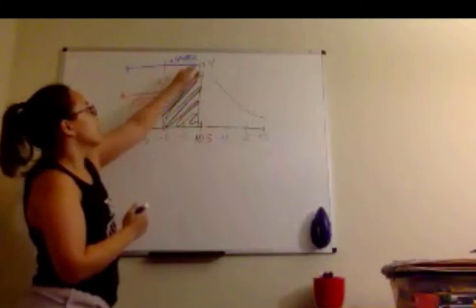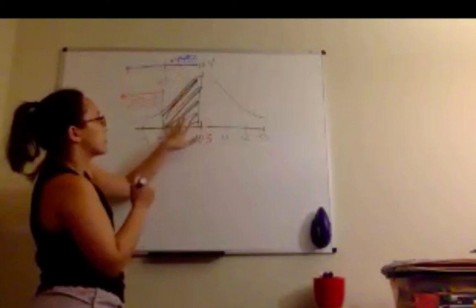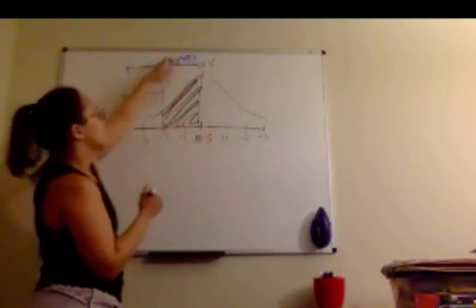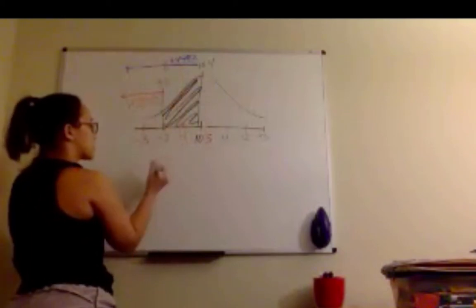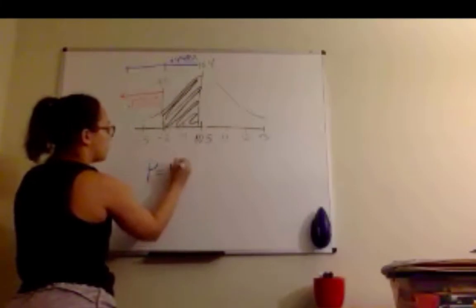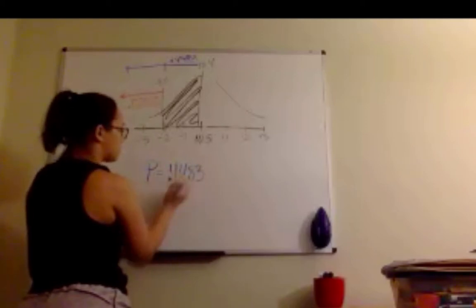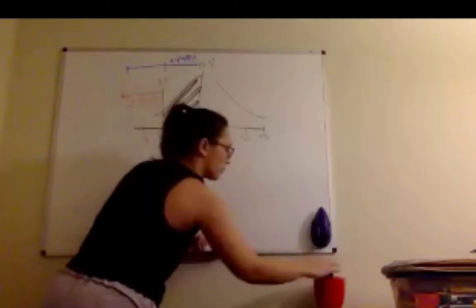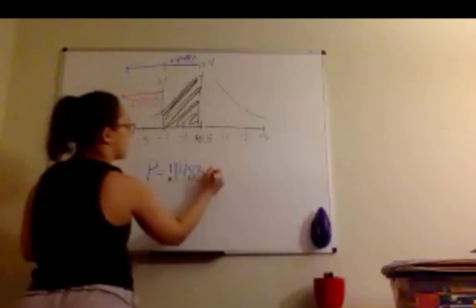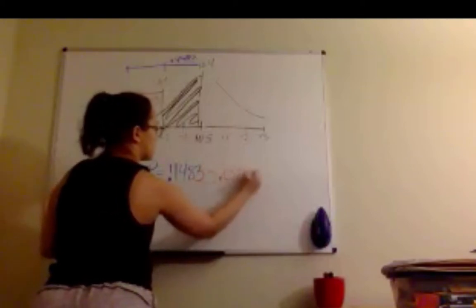We have this whole area over here, but we only need the middle section. So all we have to do is subtract the probability of the big area minus the probability of the small area, which is 0.0202.